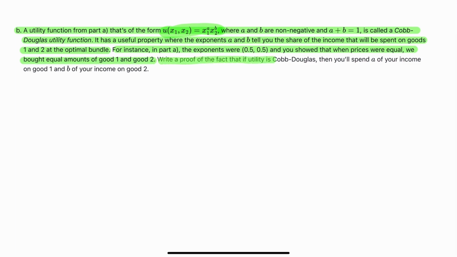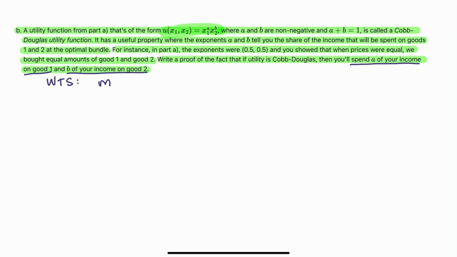Write a proof of the fact that if utility is Cobb-Douglas, then you'll spend a of your income on good 1 and b of your income on good 2. Okay, so we want to show that we're going to spend a of our income on good 1 and b of our income on good 2. So m is our total income.